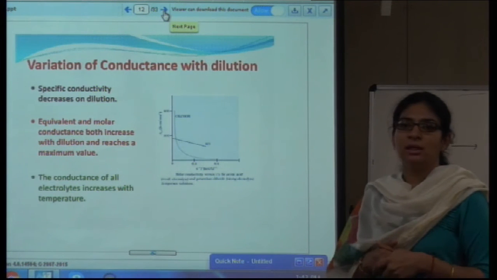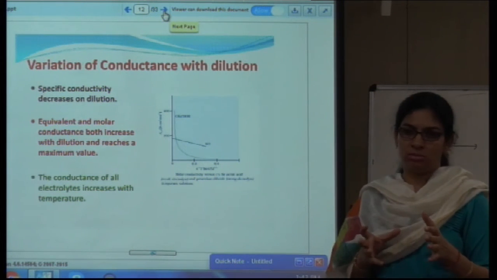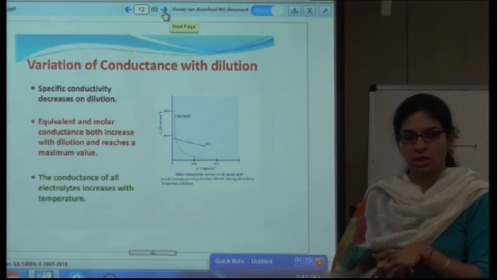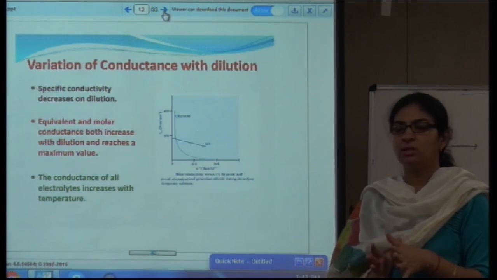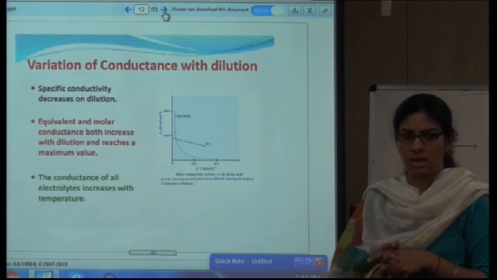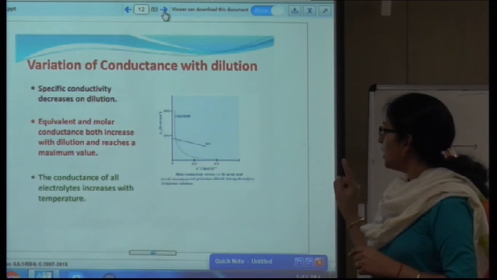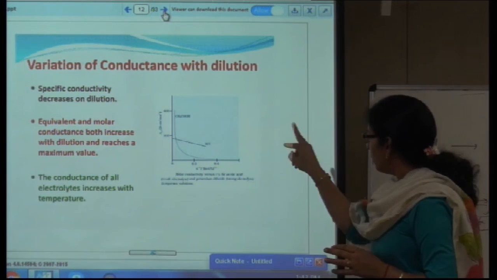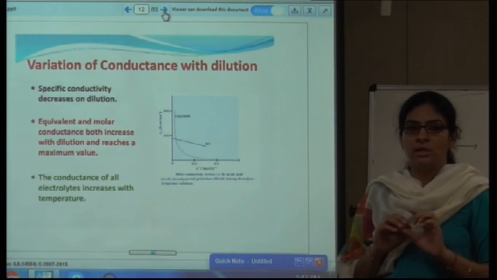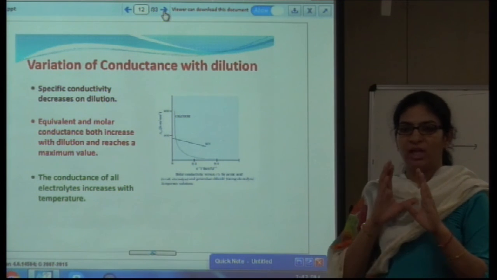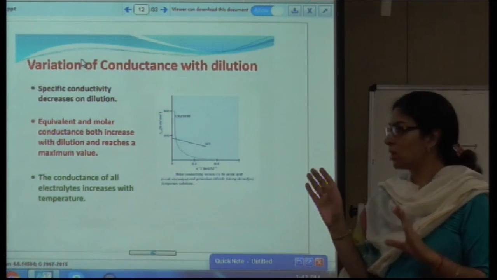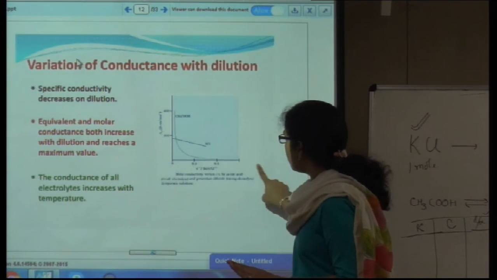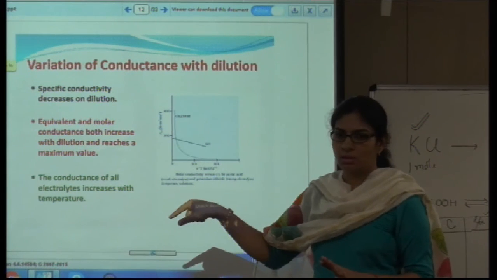Next we see what the variation is. Just now I told you that dissociation depends upon the concentration, right? So you see here that we have a plot which tells us the variation of conductance with concentration. On the x-axis we have square root of C. Why square root of C?